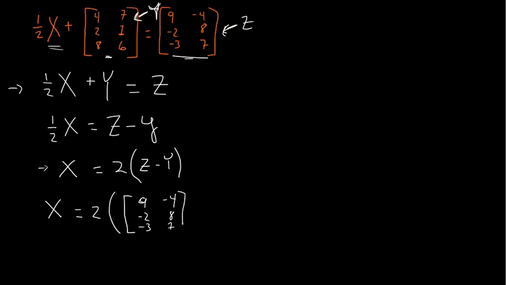And like I said, these are not difficult, but there's a lot that you can mess up because there are so many little things that you have to get right. So this was z minus y. This is our z. Now we're going to subtract our y matrix from that z, and it is 4, 2, 8, 7, 1, 6.